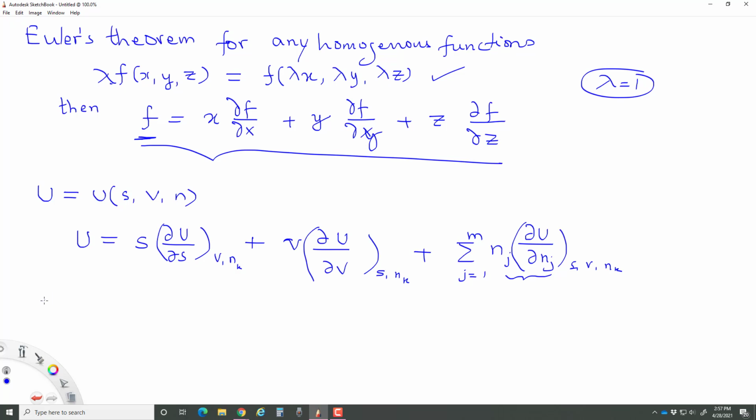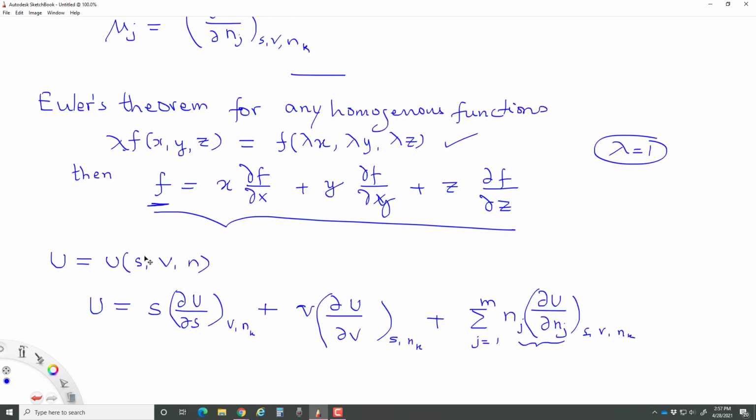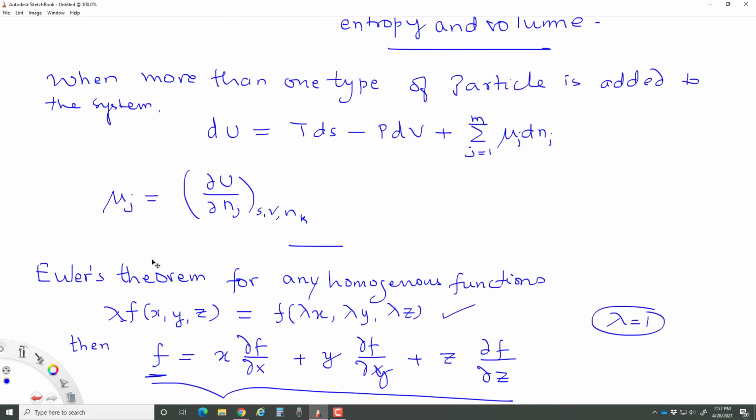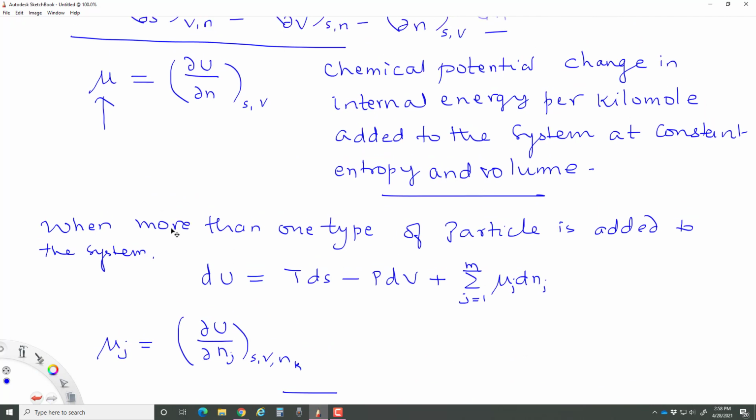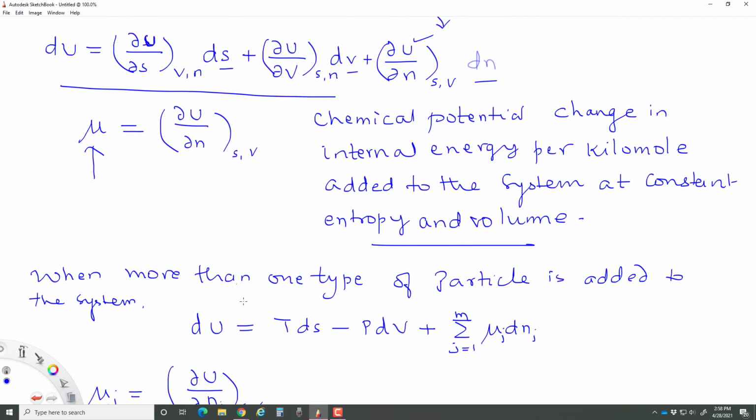So we previously showed, between these two expressions, that this thing is equal to T, comparing the coefficients of dS, and this thing is negative P, and this thing is mu. Okay, that's what we have. So let's rewrite that again.